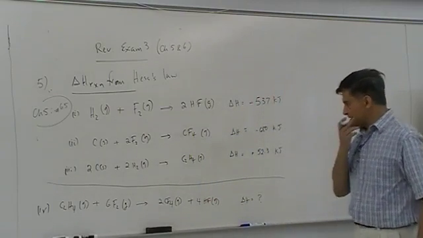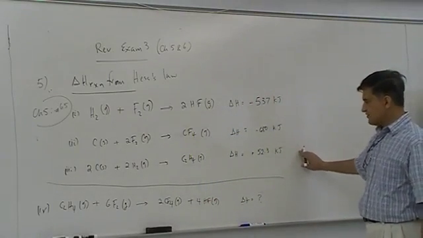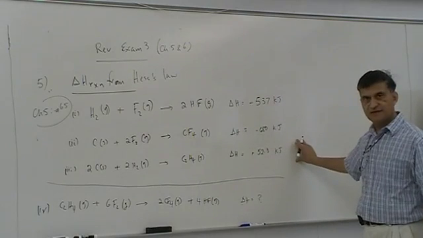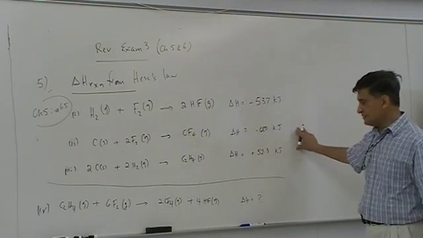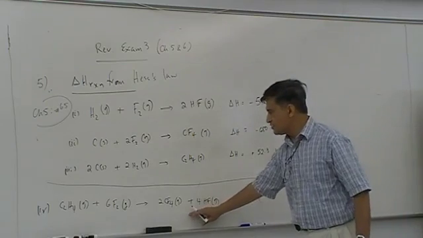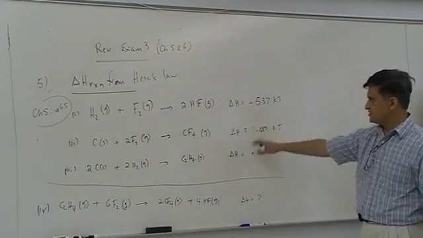That's Hess's law. A series of reactions is given along with the delta H values. Based on that, you calculate an unknown reaction, but it's related to these three.